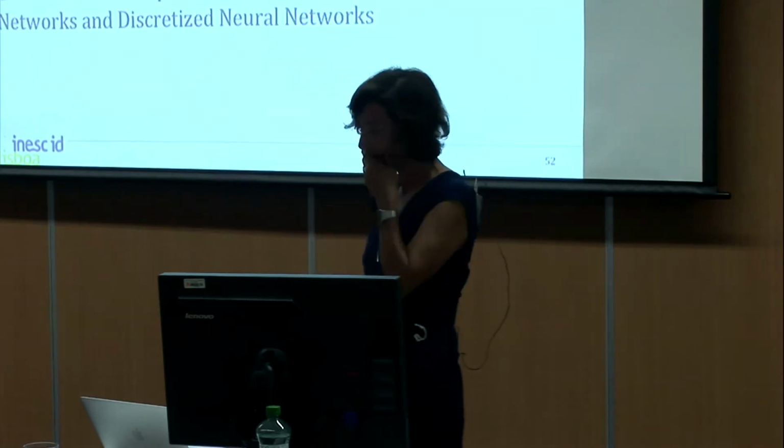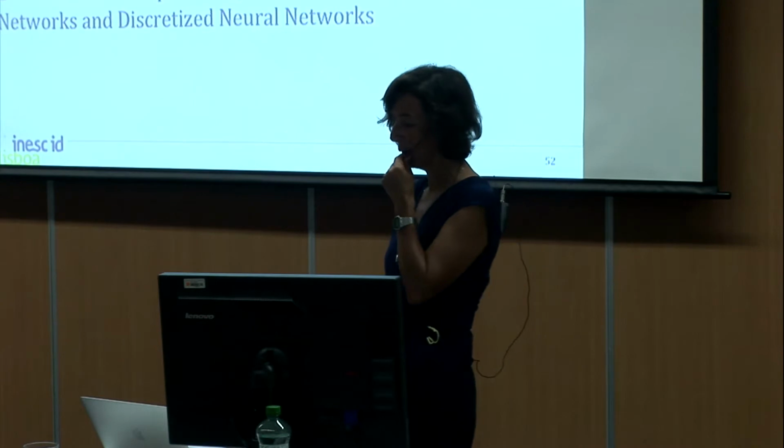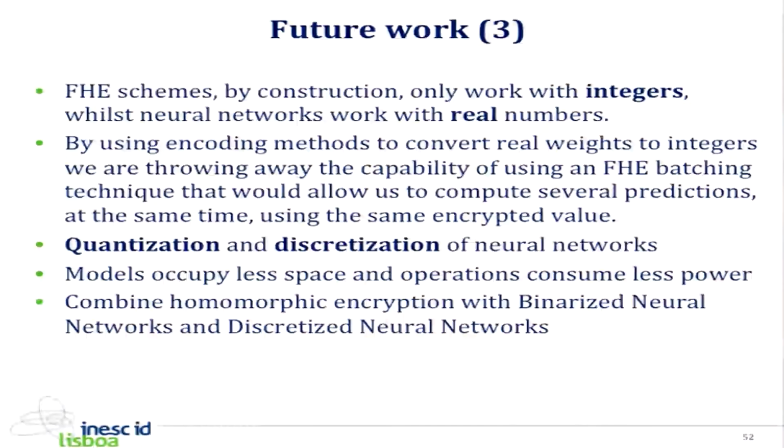However, if we bear in mind that nowadays neural networks basically work with floating point numbers, and that fully homomorphic encryption schemes work with integers, we cannot spend all our time just converting real weights into integers in a stupid way.